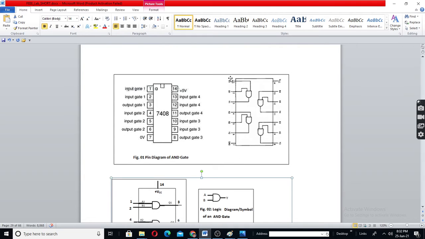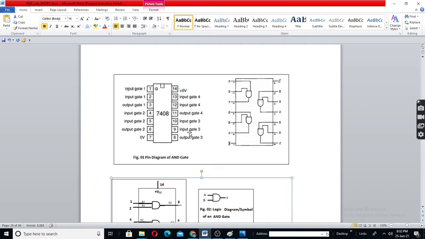So each gate has three pins, two for input, one for output. So for four gates, 3 into 4 means 12 pins are necessary. And for supplying power, you need a positive and negative of DC. So extra two pins.